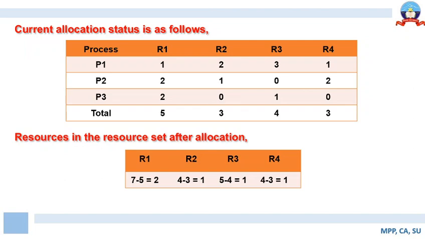Since there are 5 instances of R1 allocated, 7 minus 5 will be 2. So this is the way the resource set is determined after allocation. So we have 2, 1, 1, 1 instances of R1, R2, R3, R4, and then we need to attempt to allocate these leftover resources in a manner that we do not have deadlock in the system.